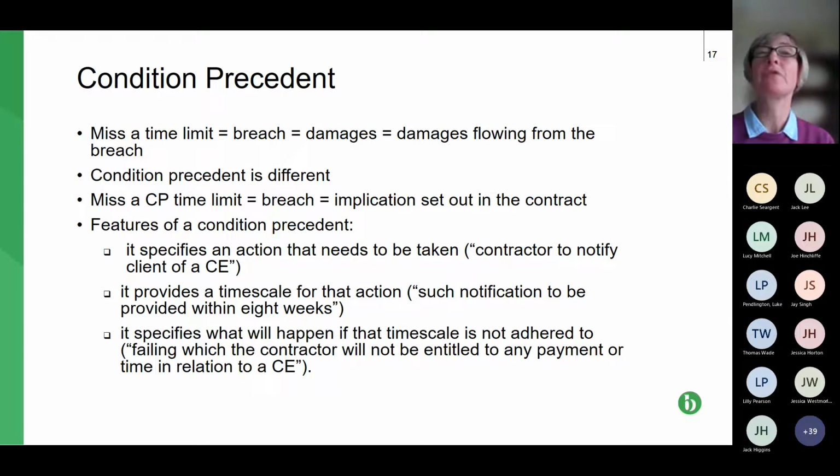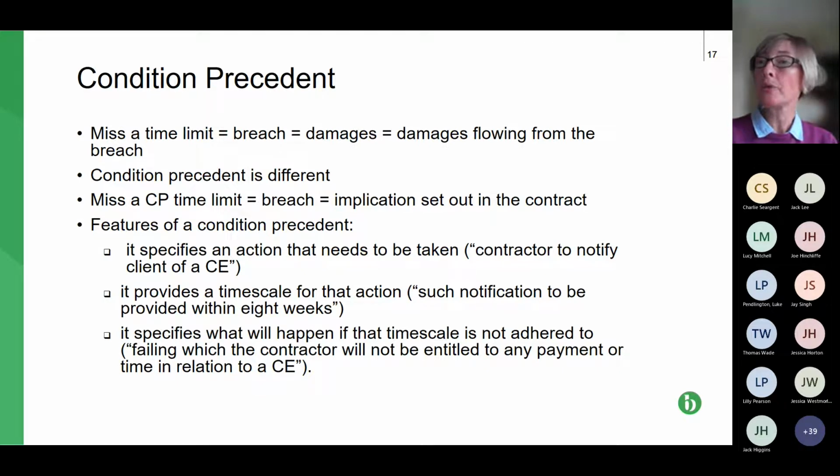So we know hopefully that for notifying a compensation event under NEC, there's a timescale of 8 weeks. And the final critical component is that the contract specifies what happens if the notice isn't given or isn't given within that timescale.